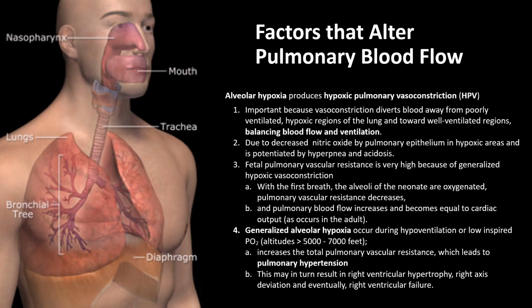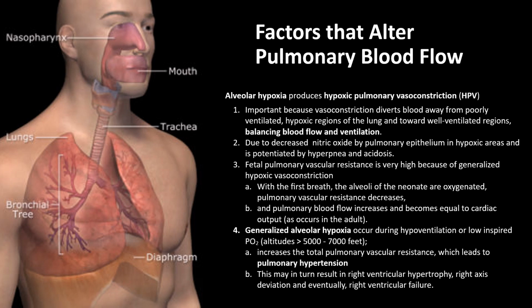With the first breath, the alveoli of the neonatal lungs are oxygenated. Pulmonary vascular resistance decreases, and pulmonary blood flow increases and becomes equal to cardiac output, as occurs in the adult.